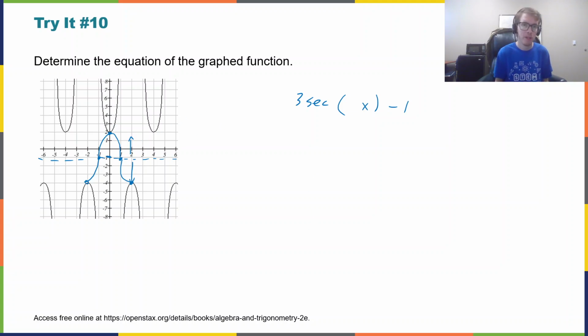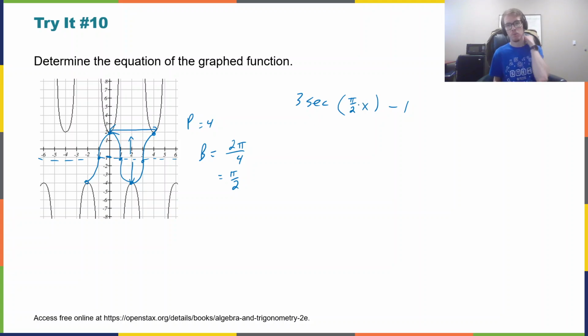Now if we take our period, if we continue this pattern out, it appears it repeats every 4, from 0 to 4. So our period is equal to 4, which means b is 2 pi divided by 4, which is pi over 2. So we'll have a pi over 2 x. So 3 secant of pi over 2 x, quantity, minus 1.